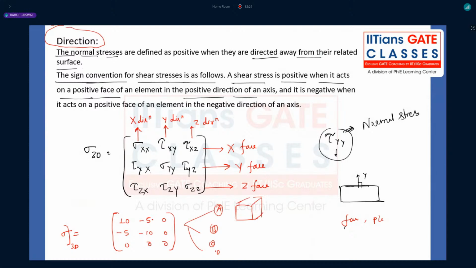I can represent minus 5 tau xy like this in one option. In another option, I can show tau xy like this. Many of them will get it wrong. They might not know the directions of shear stresses. Once again, this is a very, very fundamental thing.